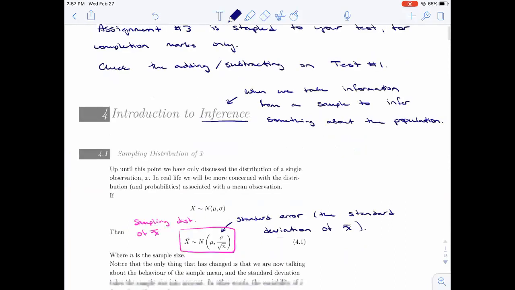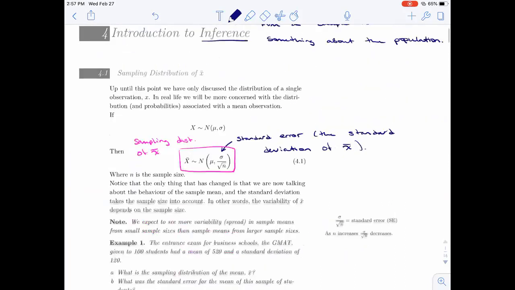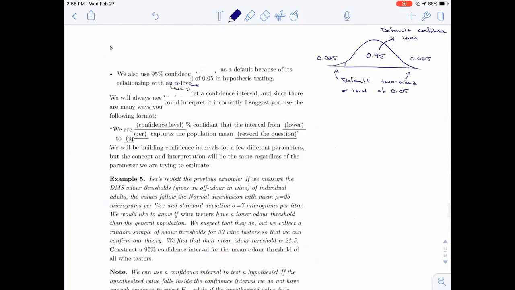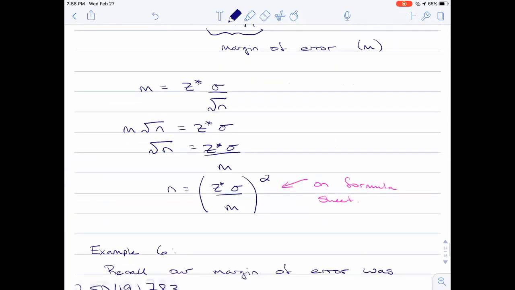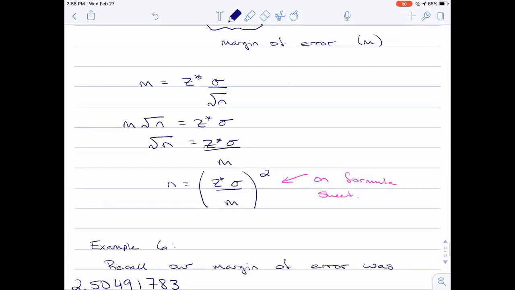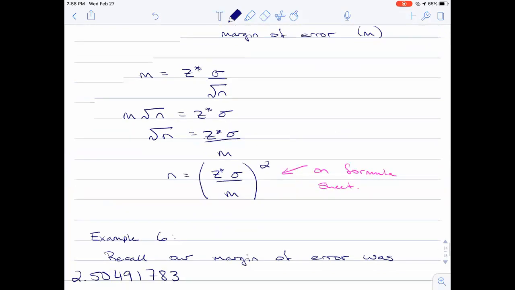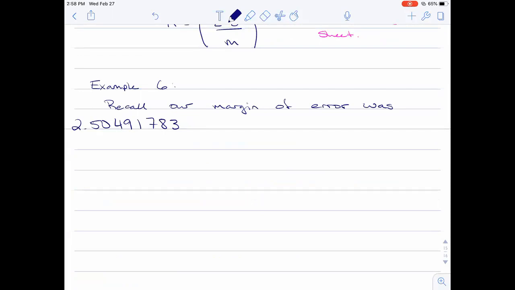Well, it'll take a while. I'll just keep going. It's going, it's going. I think we're there. Roughly 2.5. 2.50491783. Roughly 2.5.